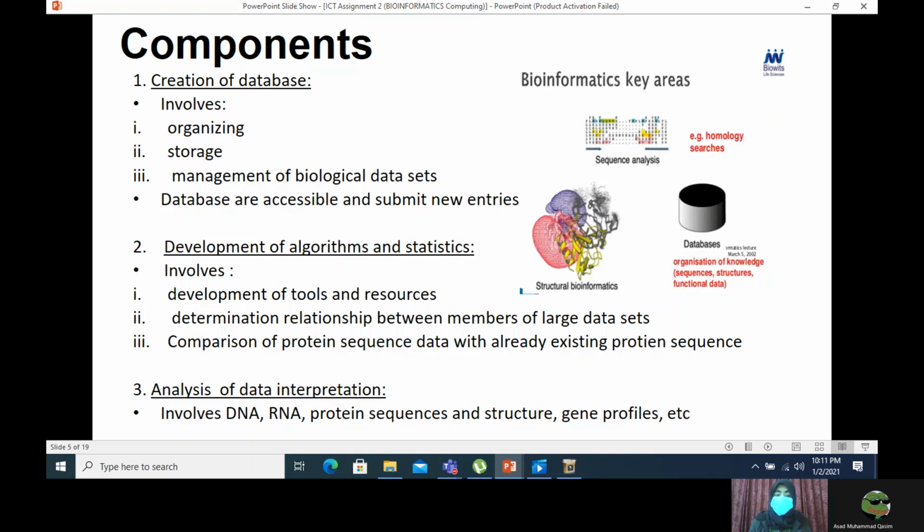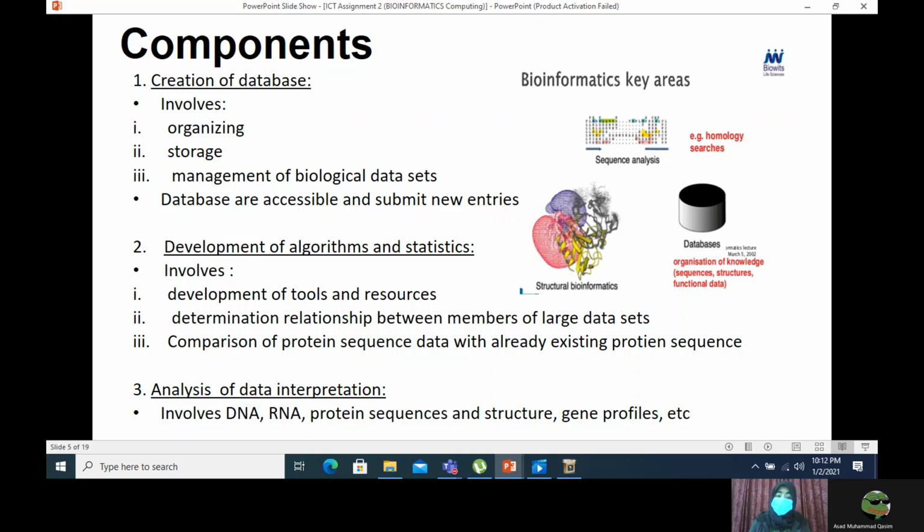In the development of algorithms, we first make algorithms and tools that can be used to determine the relationship between the members of large data sets. So we can compare the sequence data that we have with already existing known protein sequences, and through that we can find the relation between them.